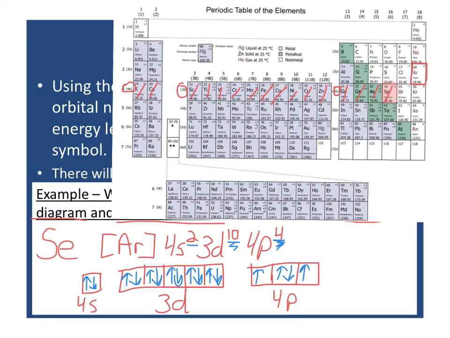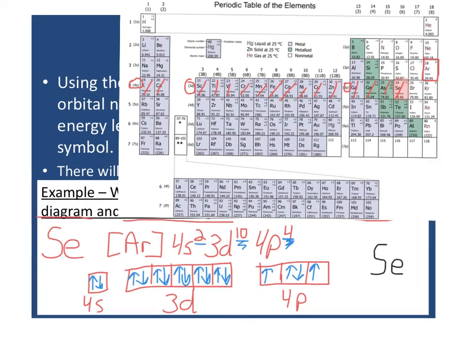The last part is my Lewis dot. For a Lewis dot, I write Se, which is the symbol of selenium. After I write that symbol, I need to go in and look. I am going to pull out only the high energy levels. So the high energy levels are the 4s.